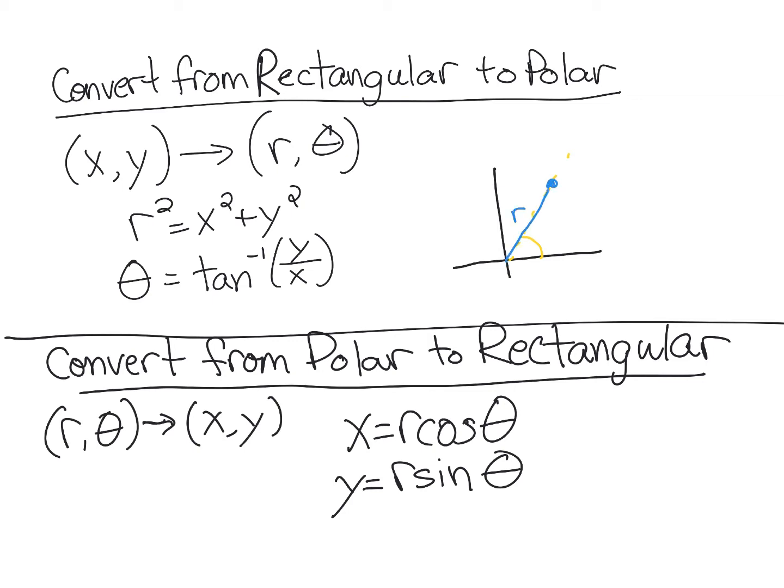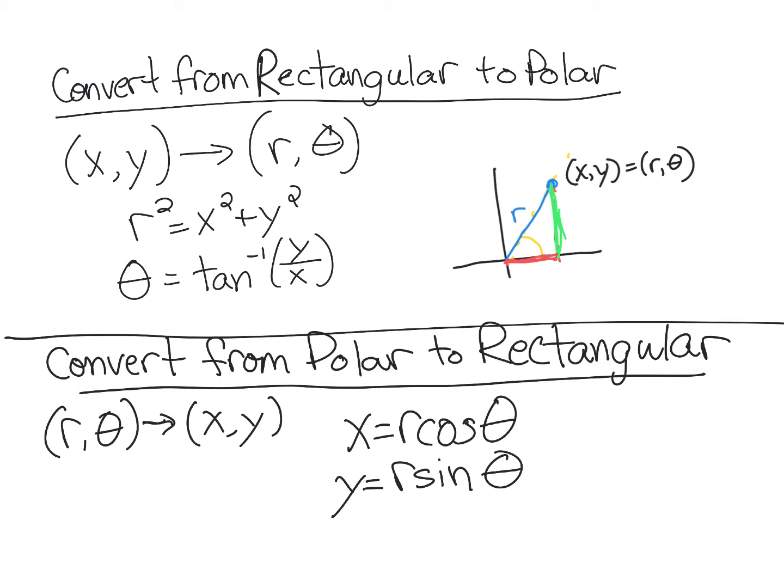All right, here is your x distance, and here is your y distance, right? So we have this right triangle, and it's very simple to see the Pythagorean theorem. This is x, y, which is equal to r, theta, the same point.